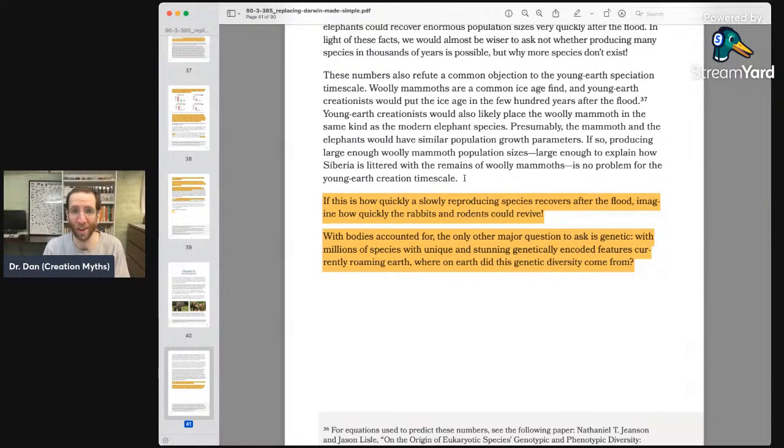It's a process called an extinction vortex, and it happens in small populations that are below what's called a minimum viable population size. Now, the populations getting off the ark are below the minimum viable population size. So you could do all the math about how they reproduce at this rate, and the generation time is this, and blah, blah, blah. They could grow however fast. Yeah, they could. But that starting population off the ark is below the MVP, so they're going to go extinct. Jeanson just ignores that.